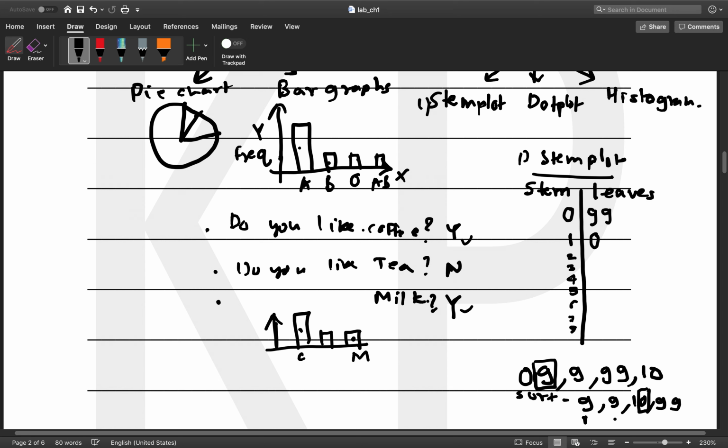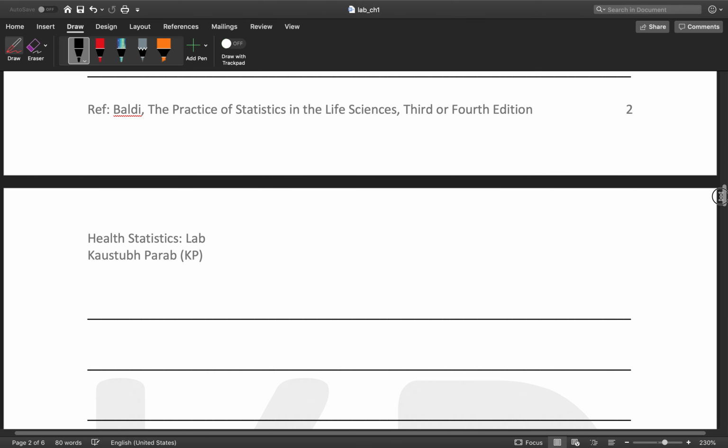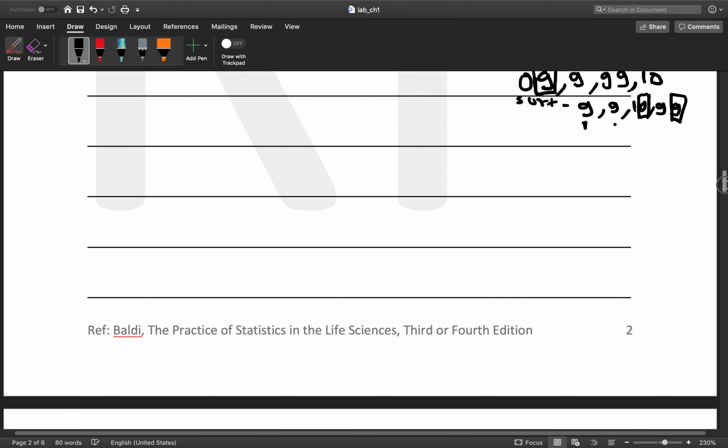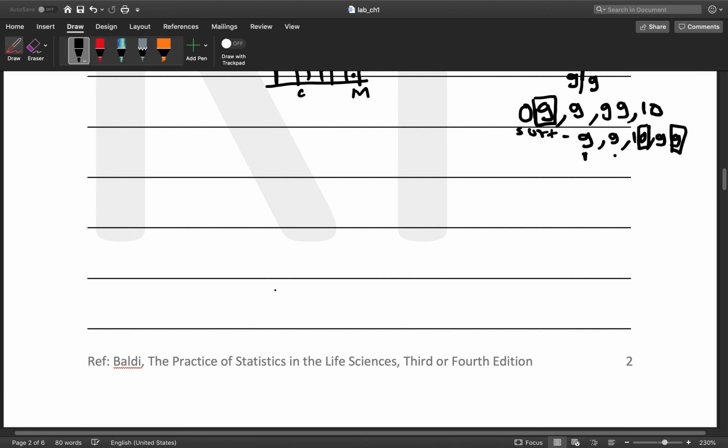So 20th, 30th, 40th, but we don't have those data points here. We directly have 99. So again, everything but the rightmost is going to be in your stem. So 9 is going to be in the stem and the rightmost is going to be the leaf. So this is briefly. For more information, please check out chapter 1 from this book, Practice of Statistics.